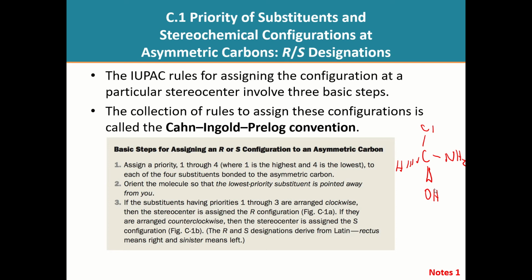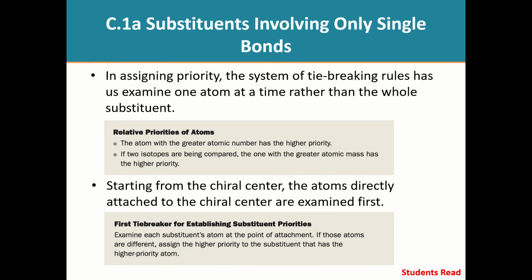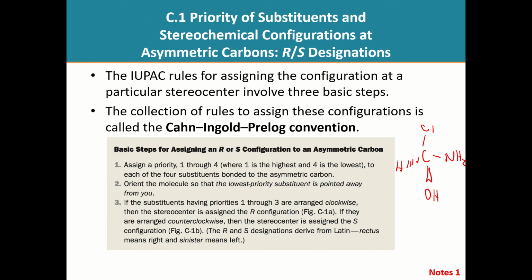I'm not looking at the weight of the OH or the NH2, just the weight of the atom directly attached to the stereocenter. So the chlorine gets priority 1. Oxygen is larger than nitrogen, so oxygen gets priority 2, nitrogen gets priority 3, and hydrogen gets the lowest priority, 4.